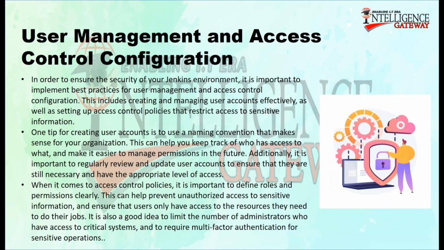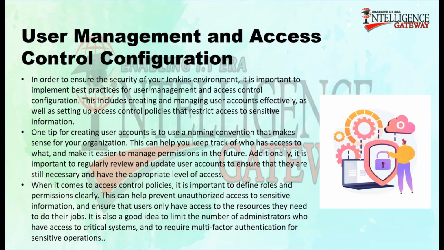User management and access control configuration. In order to ensure the security of your Jenkins environment, it is important to implement best practices for user management and access control configuration. This includes creating and managing user accounts effectively, as well as setting up access control policies that restrict access to sensitive information.